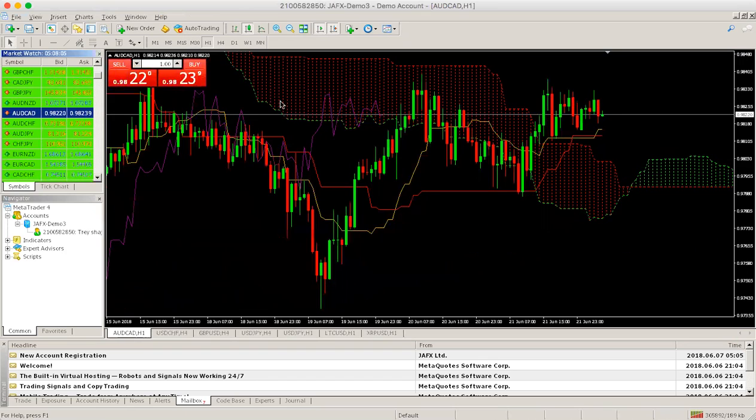If we look on the hour, it did have a TK crossover coming out of the cloud. So for this to go on the buy, we want two things to happen on the hour. We want this Kijisen to point up, and we want this Chico span outside of this cloud. When the Chico span gets outside of this cloud and the red line points up, it could be a buy. So we can say CAD for a potential buy.